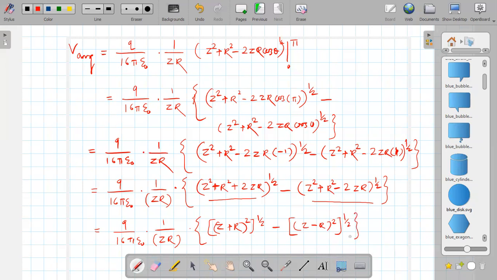Okay, and therefore here q upon 16 pi epsilon 0 into 1 upon zr, in this square gets cancelled, square gets cancelled, 2 into half, again 2 into half, that is z plus r minus z minus r. Okay, then see, before that I will show the previous one step.